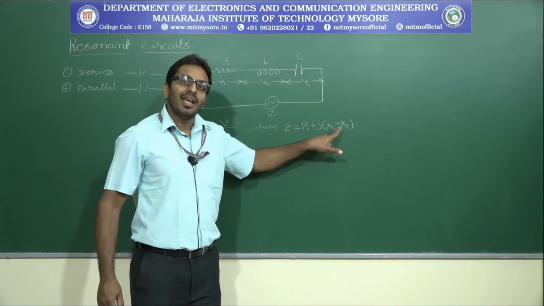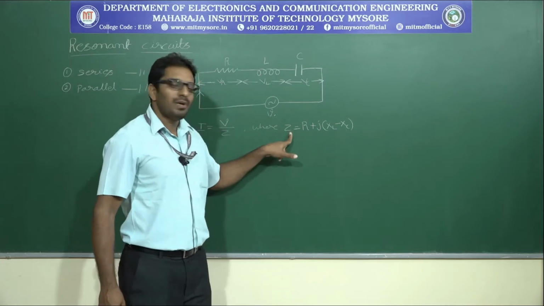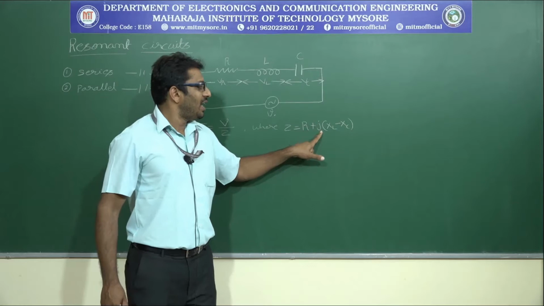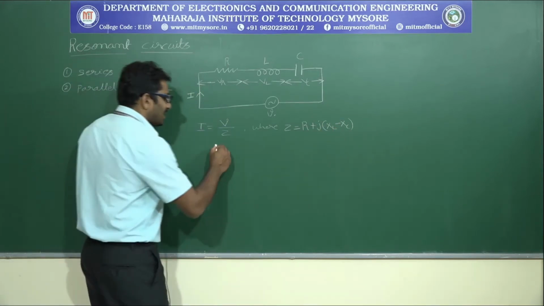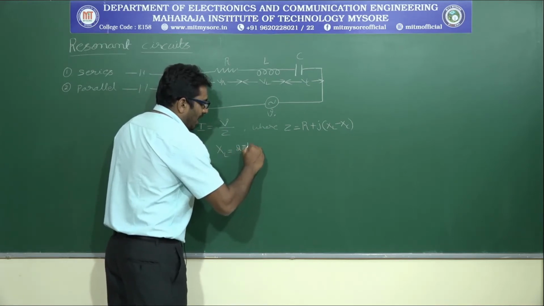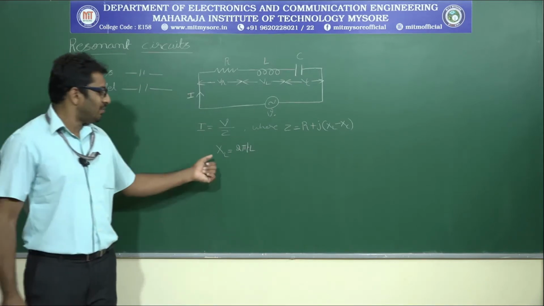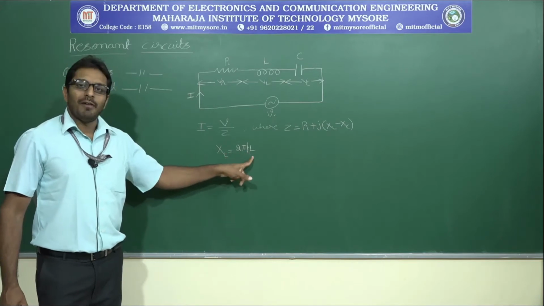Inductive reactance and capacitive reactance. The general formula for impedance is Z equal to R plus j(XL minus XC). XL is equal to 2 pi FL, where XL is the inductive reactance.